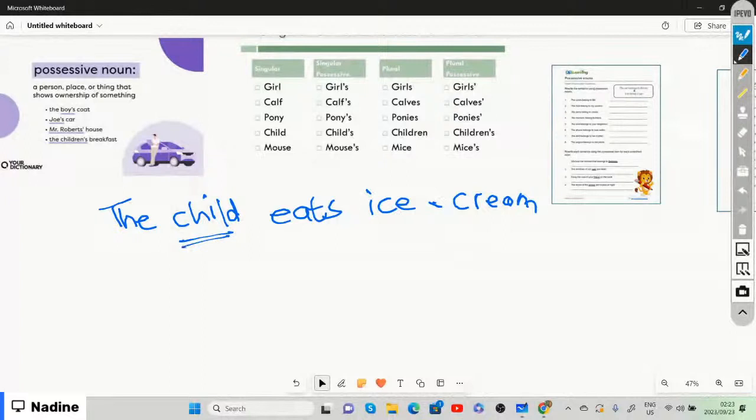But now, if we want to show a form of possessive, singular possessive, then we say the child's ice cream, or we can just say the child's ice cream is melting.